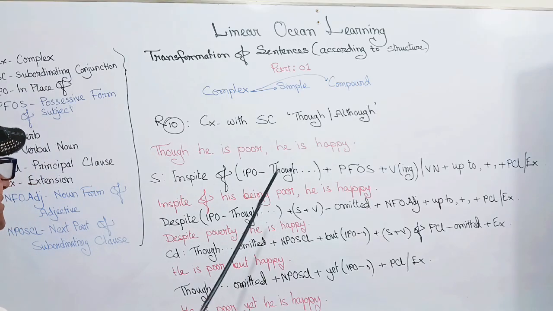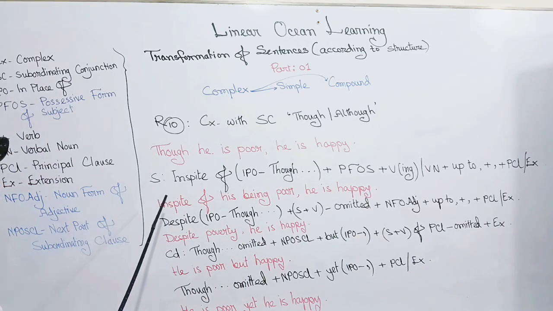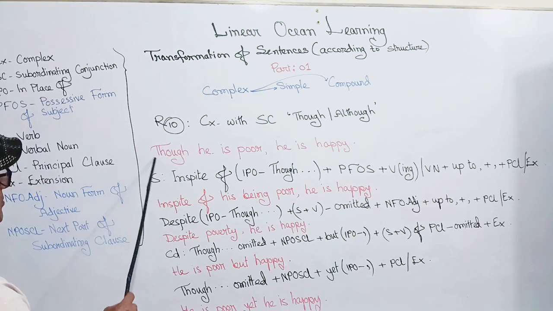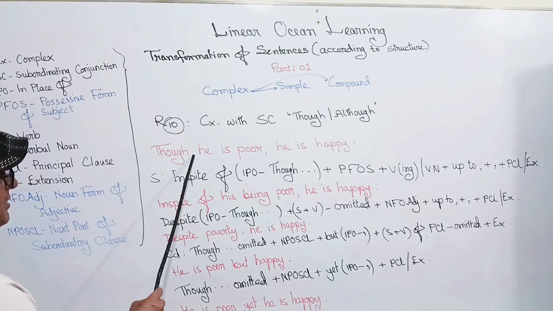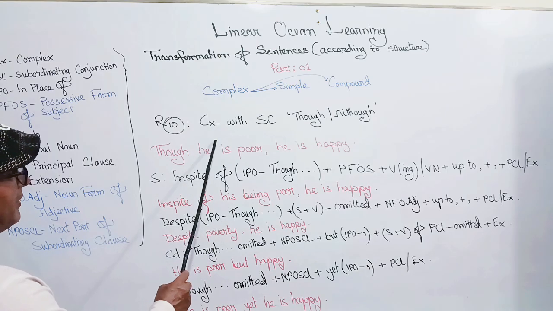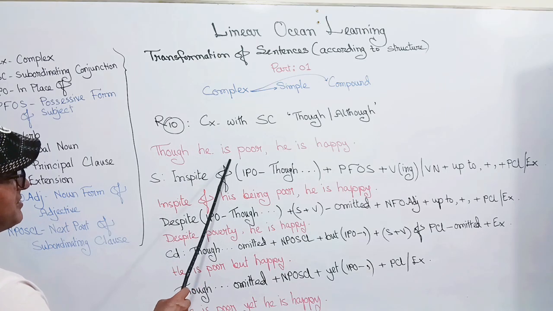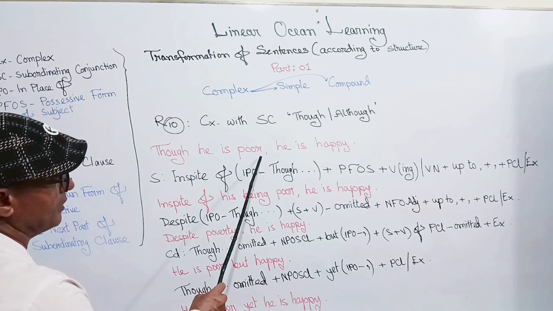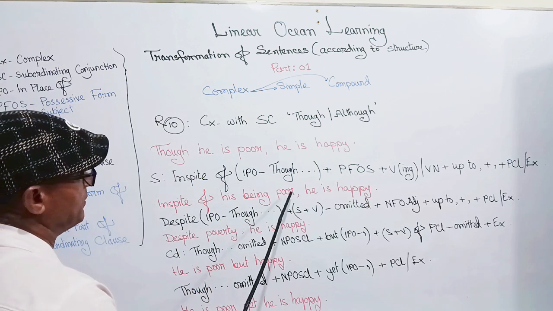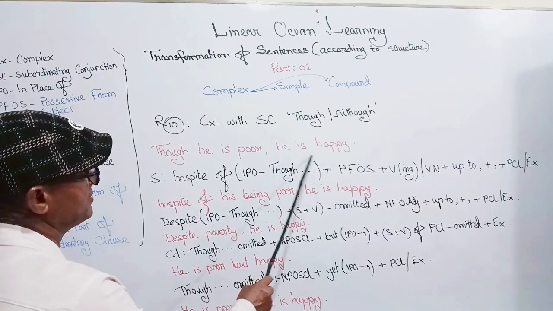Now if we follow the structure, the simple sentence we will get is in spite of his being poor, comma, he is happy.